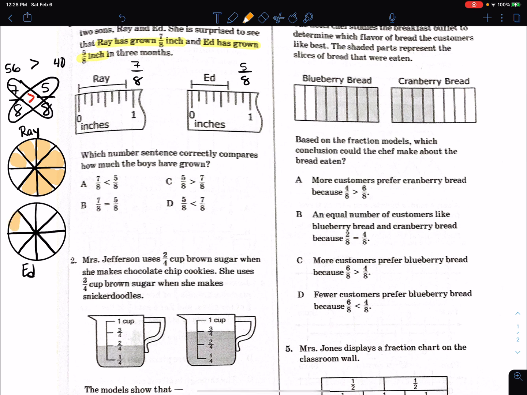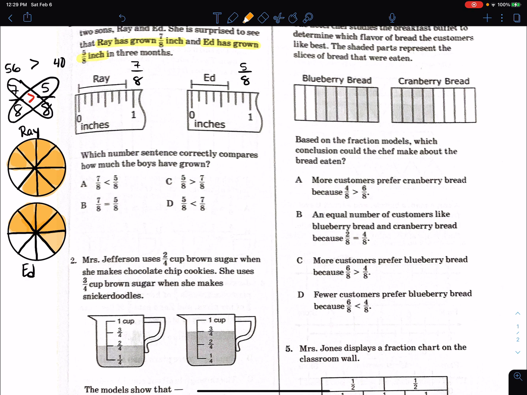So 1, 2, 3, 4, and 5. So here we have Ed, and here we have Ray. So looking at these shaded pieces, I can see that Ray has more shaded, so he's going to be greater than.